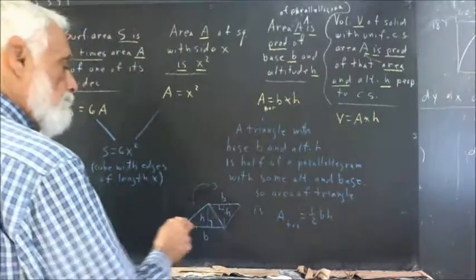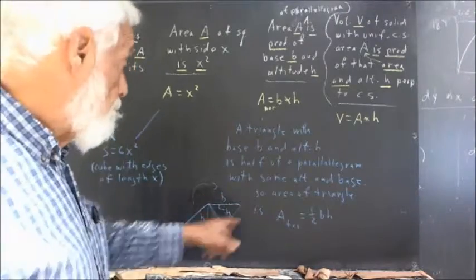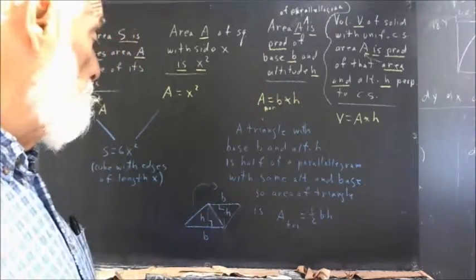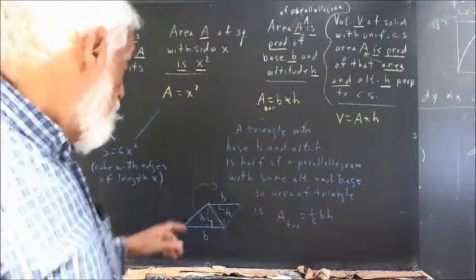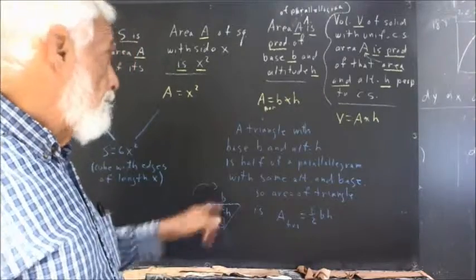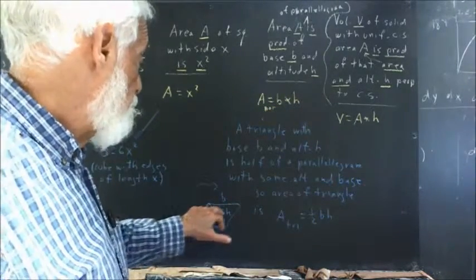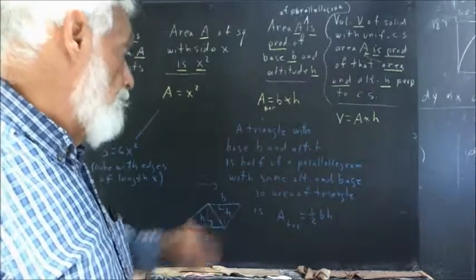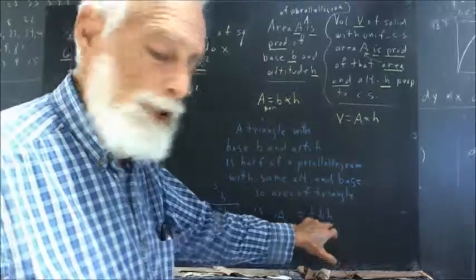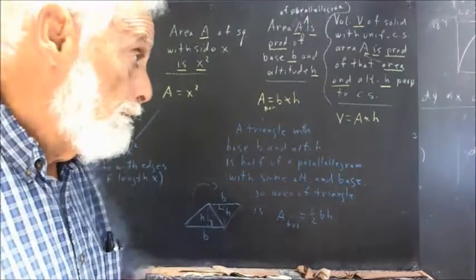So this triangle is congruent to this one, whether I drew it that way or not. Well, that makes a parallelogram. Now, you've got to do a geometric argument to see it, but it's not a complicated geometric argument. So we now have a parallelogram, and its area we know to be B times H. But of course we have two identical triangles that comprise that area, so the area of each triangle is 1/2 base times altitude. So that's where the area of a triangle comes from.